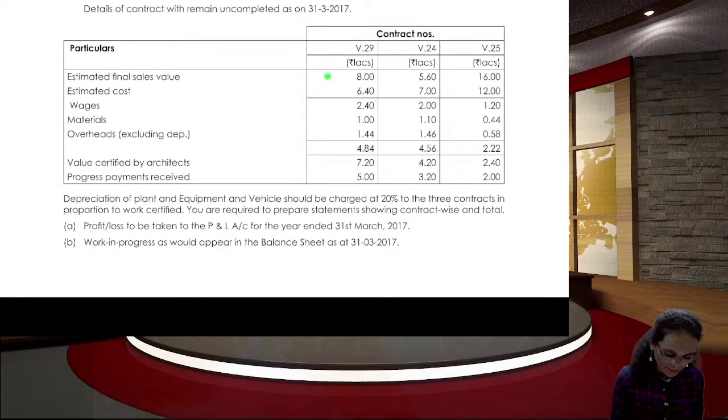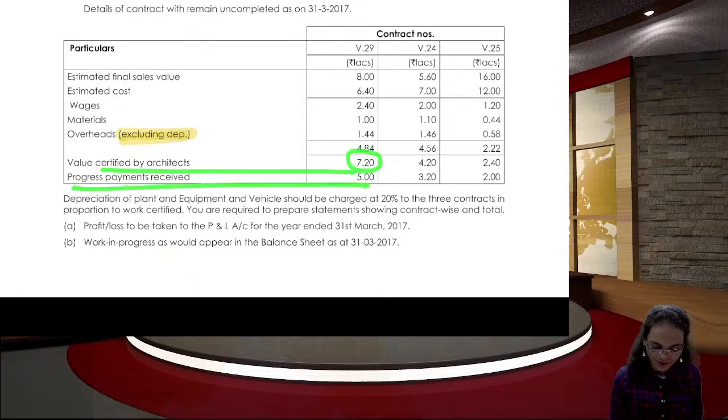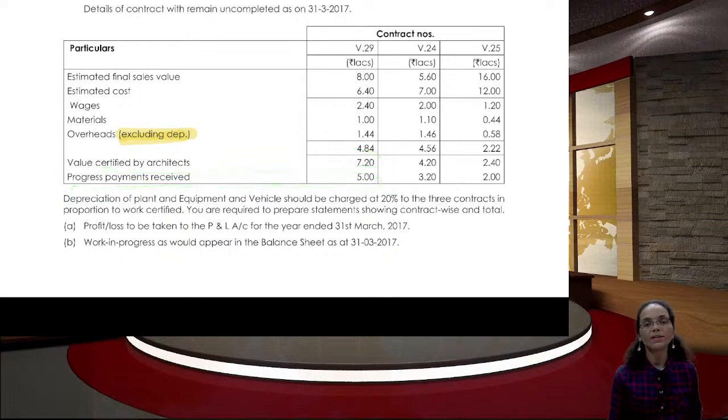Estimated final sale price of the contract is this much. Estimated cost is this much. And the wages, material, and overheads excluding depreciation are this much, so this is the total cost excluding depreciation. Value certified by the architect, that is the work certified, is this much. And progress payment received, that is the cash received, for the 3 projects.